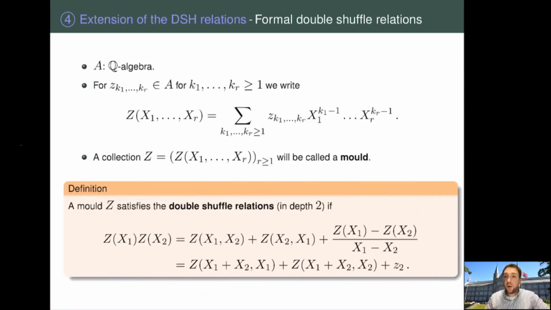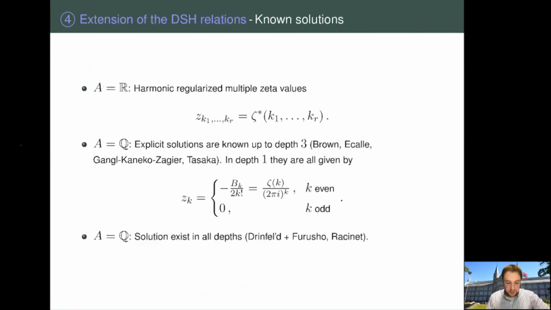And now recall, for example, for the case A equals R, I can take these harmonic regularized multiple zeta values, but there are also other solutions. For example, I can ask for rational solutions. And there are different approaches to this.